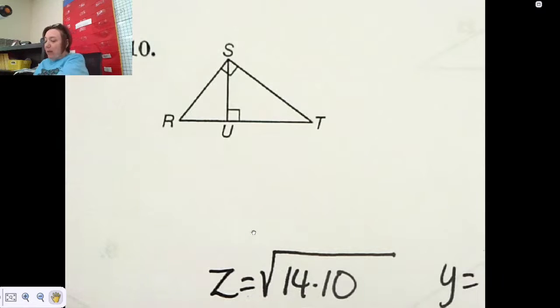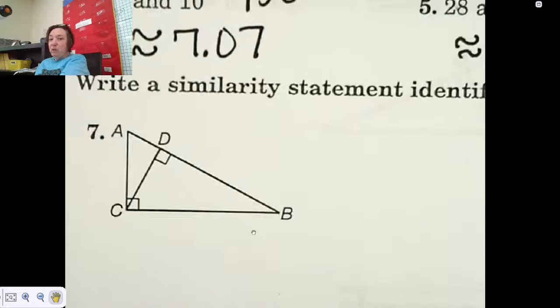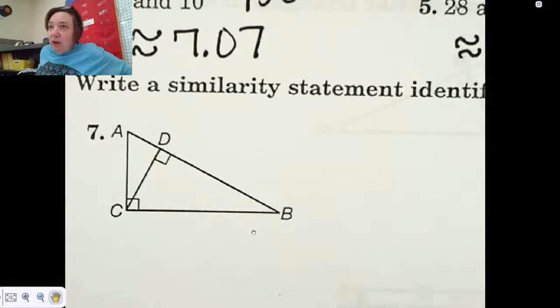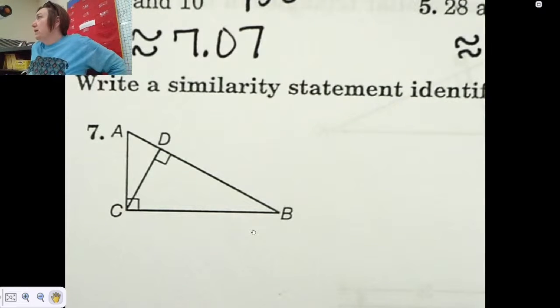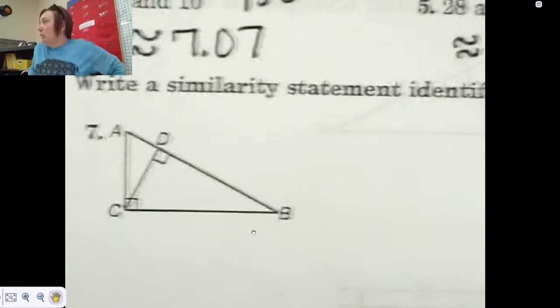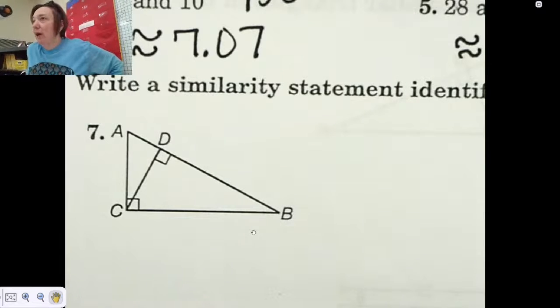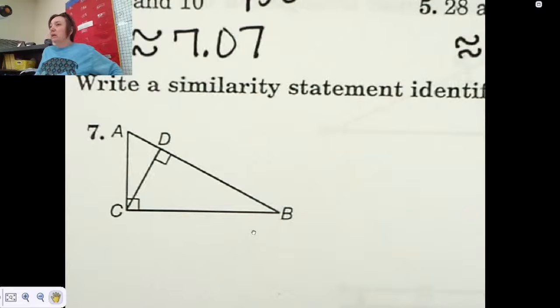Now, let's scroll back up here to 7 through 10, because evidently 7 through 10 is the hardest part for y'all. On our test that we took last week, you were supposed to write a similarity statement. And most people wrote something like, the triangles are similar. Or, this triangle is bigger than that triangle.